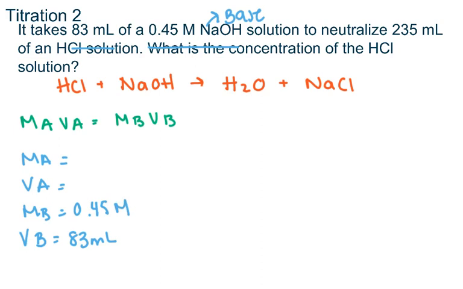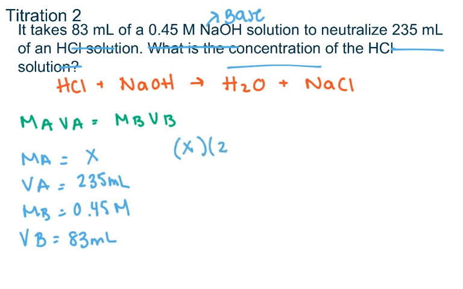Good. Now I'm going to continue reading. To neutralize 235 milliliters of HCl. So I have 235 milliliters of HCl for my acid, and what is the concentration? So my concentration is X. Same exact setup as before.